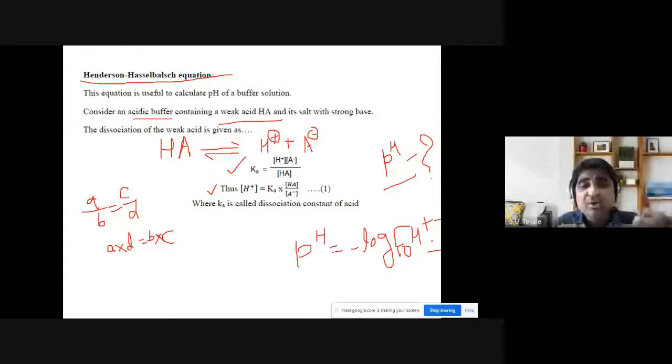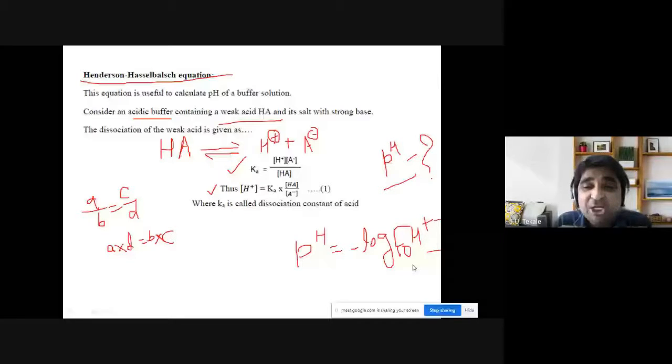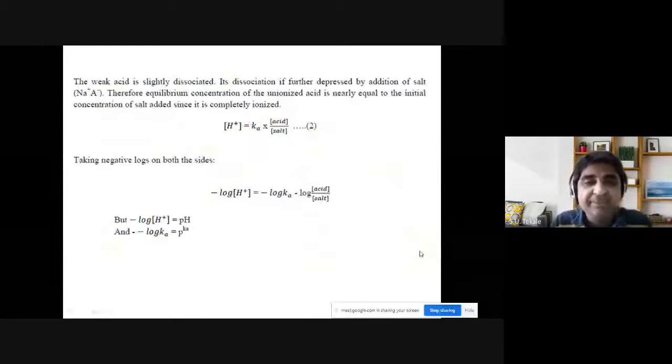So now apply negative log on both sides, because we want to convert this term into pH. So if I apply the negative log on both sides, what will happen?